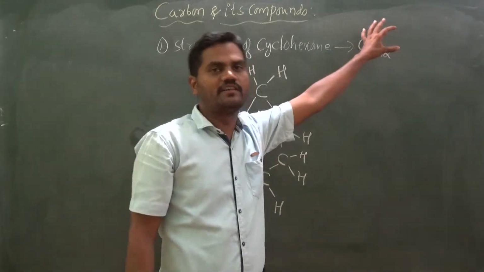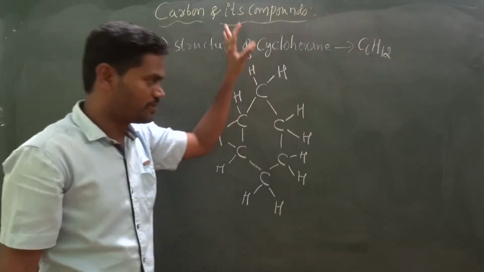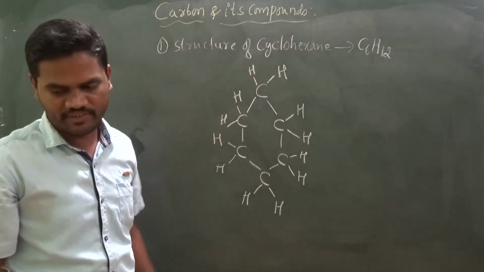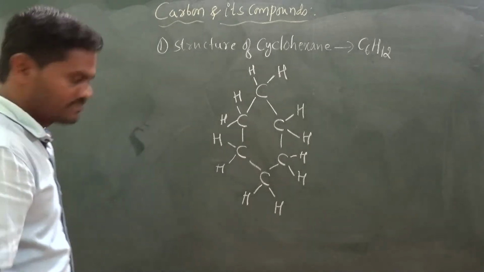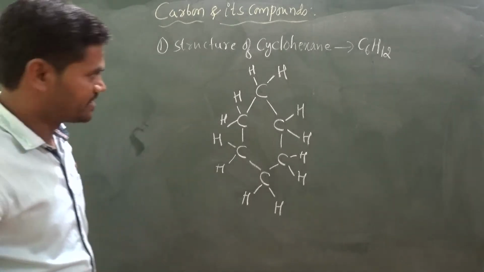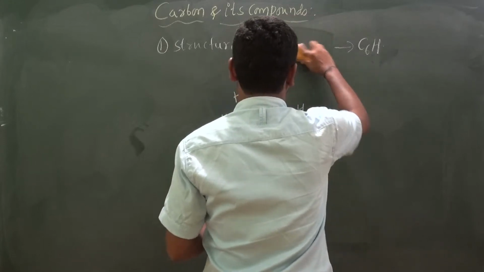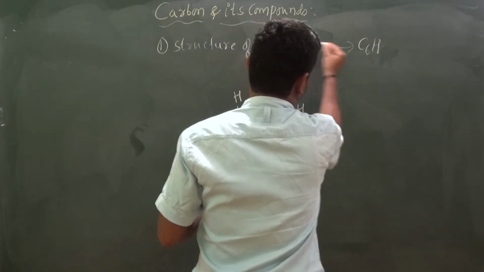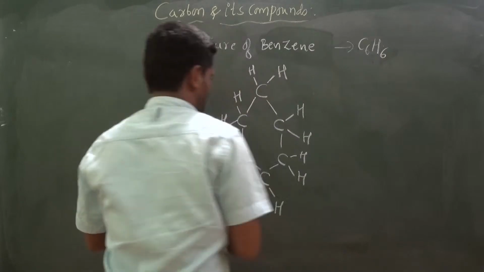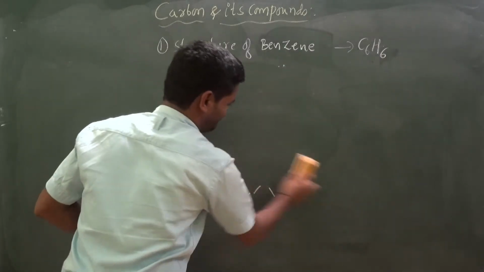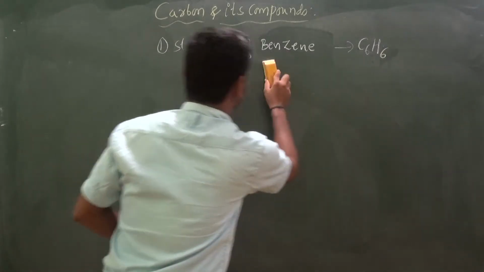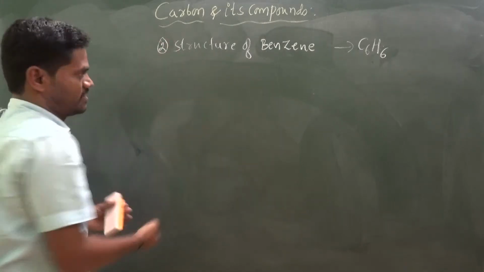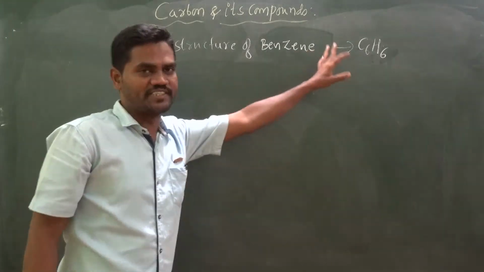Here, the important point is that you have to remember this formula and know how to write this structure also. This one is the cyclohexane structure, and the next one is benzene. The molecular formula for benzene is C6H6.